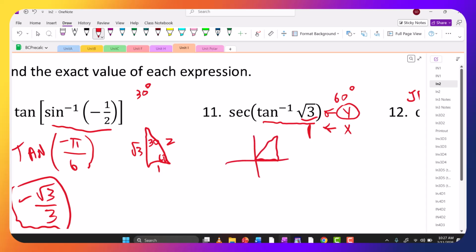This is 60. This is 30. And this is 90. And then quadrant 1. So that is why I know this is a 60, because it's y over x. All right, so I have this in my head. And also you should have in your head 30s and 60s, tan is either root 3 or root 3 over 3. One or the other. I don't know how you're going to do it.